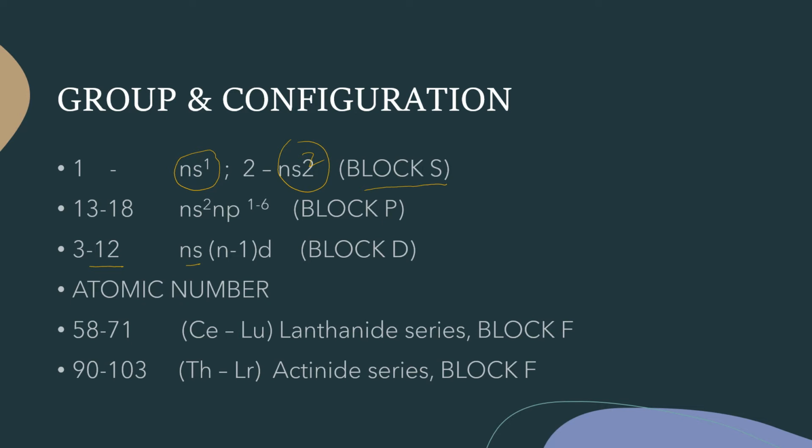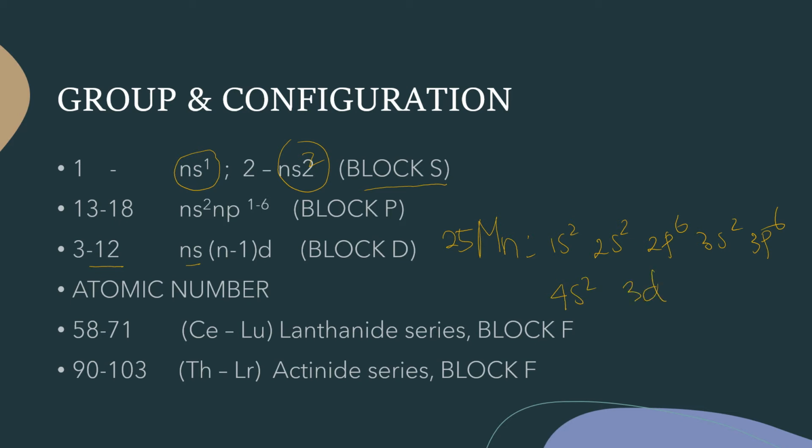For example, for manganese 25 Mn, the configuration is 1s2, 2s2, 2p6, 3s2, 3p6, then 4s2, and then 3d.